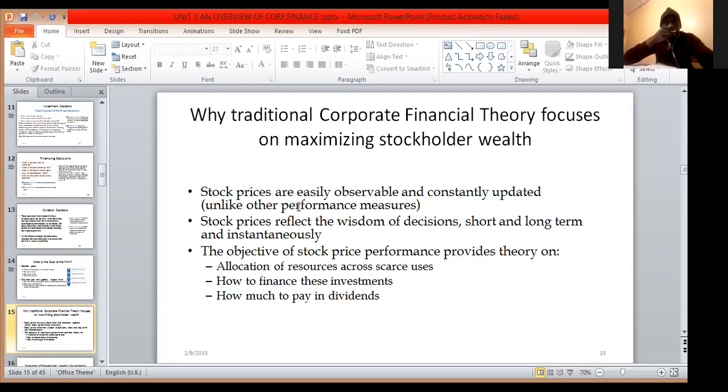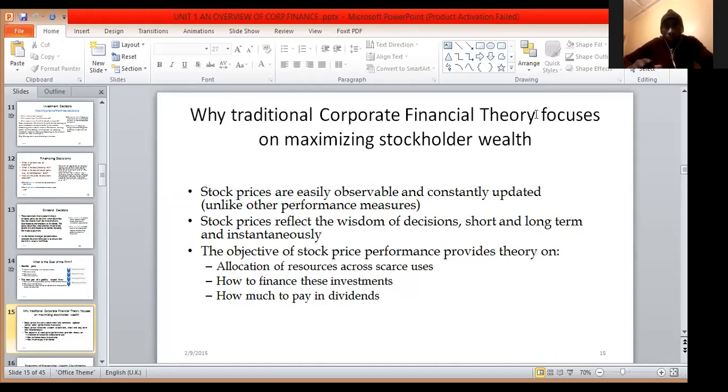In most exam papers, this is the way they bring the question. So you must be able to explain why traditional corporate financial theory looks at maximizing stockholder wealth as an important aspect.